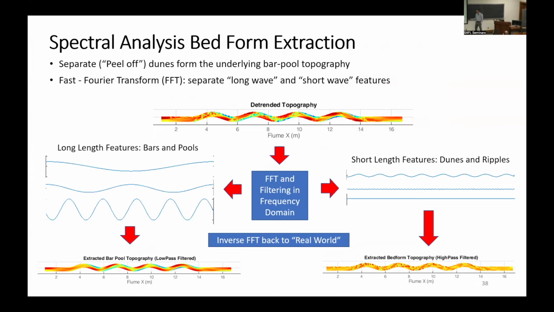And then the dunes and grain scale roughness features would be their own extracted data set. So if we take this data set and add it to this data set, we get this data set, is the idea. So we can do a fast Fourier transform filter in the frequency domain to look at just the bar geometry versus these smaller scale features.